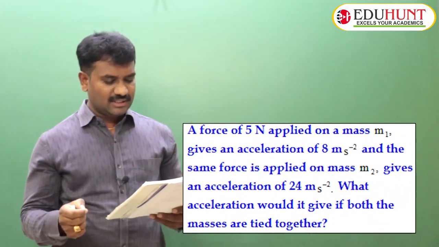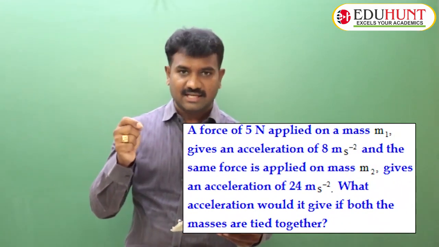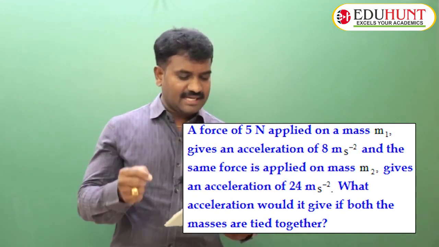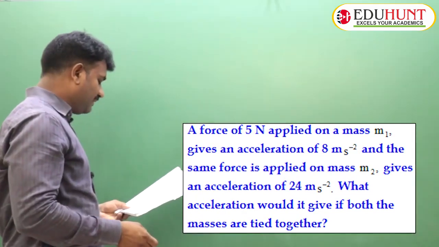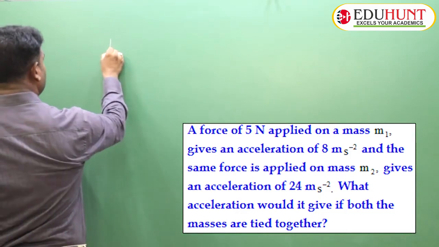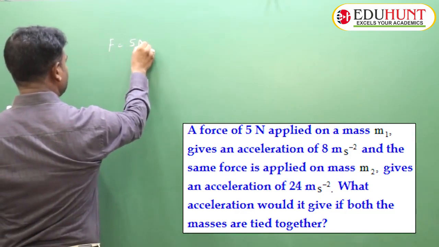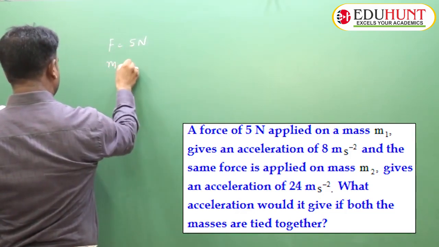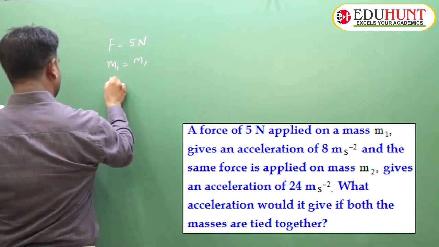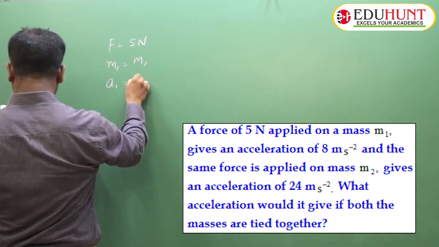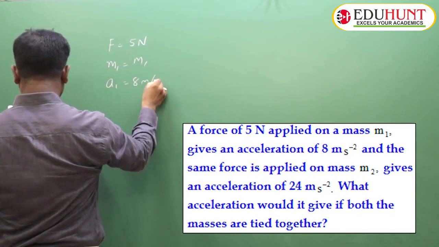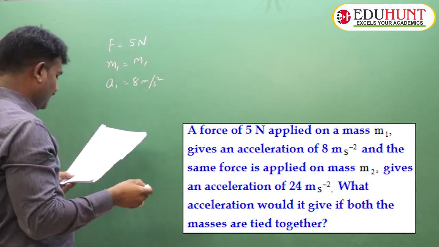A force of 5 newtons applied on a mass m1 gives an acceleration of 8 meter per second square. So F is equal to 5 newtons applied on a mass m1 and gives an acceleration of 8 meter per second square.